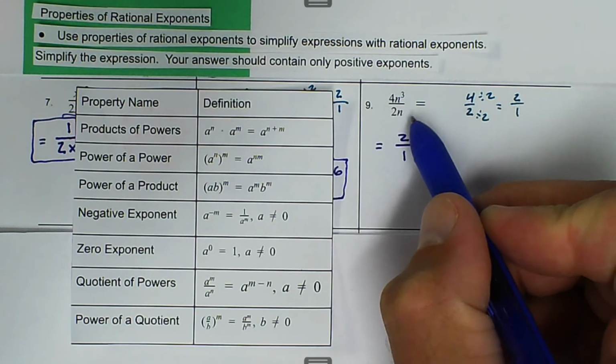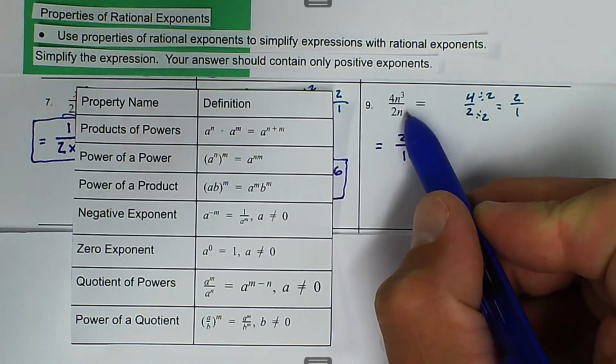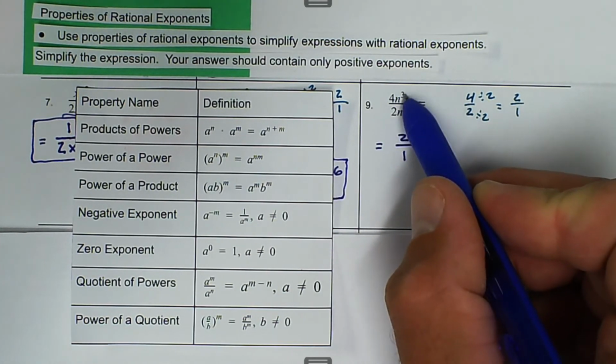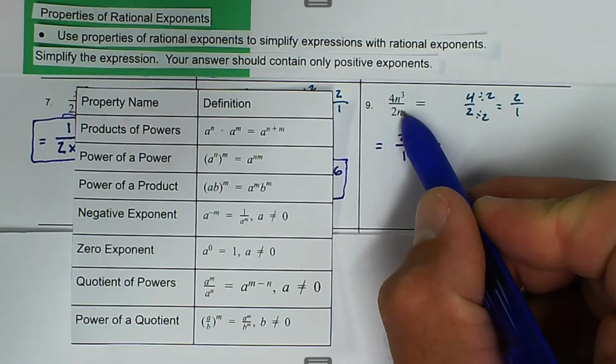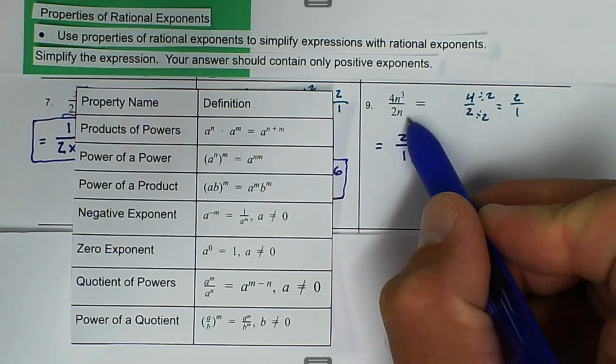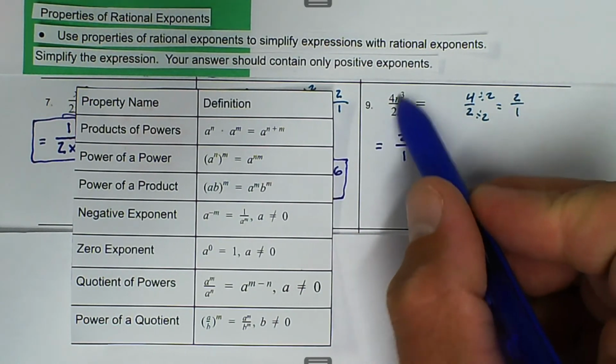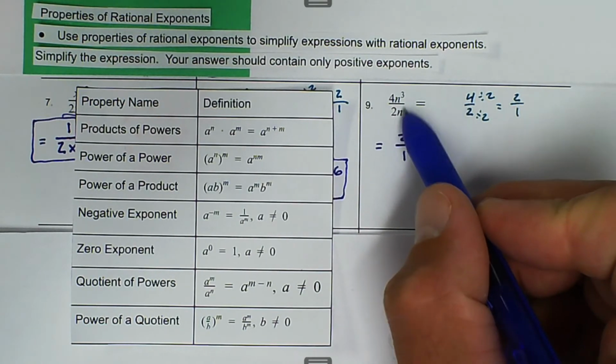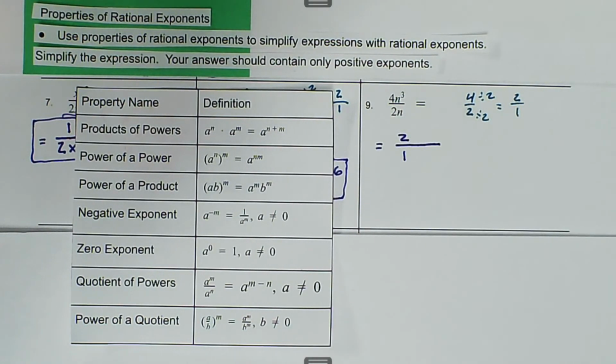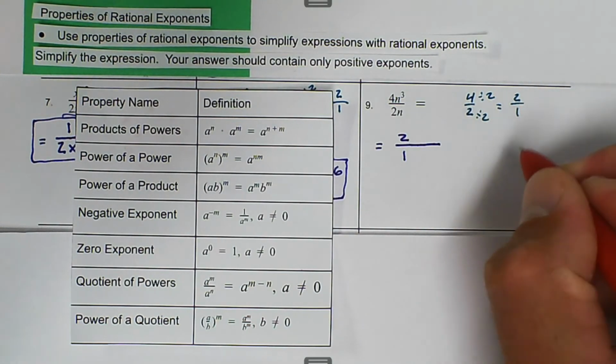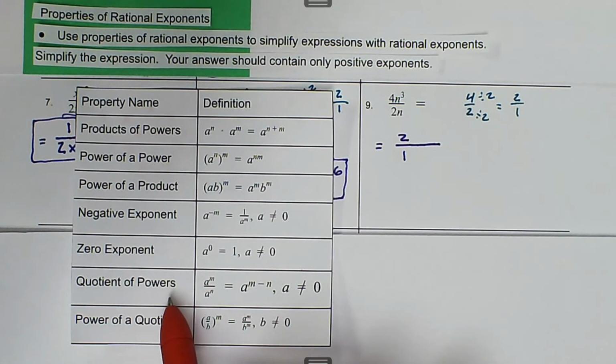Next, I want to rewrite any of my exponents as positive exponents. So I look here and I have n to the third in the numerator and n to the first in the denominator, and those are both positive. So now I have to figure out where my n should be. Should it be in the numerator or the denominator? I'm going to use the quotient of powers here, where we have the same base in the numerator and the denominator.